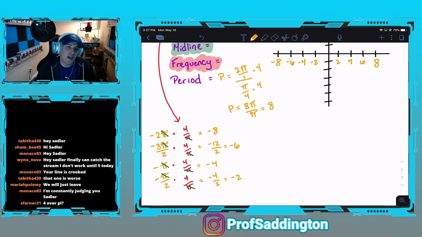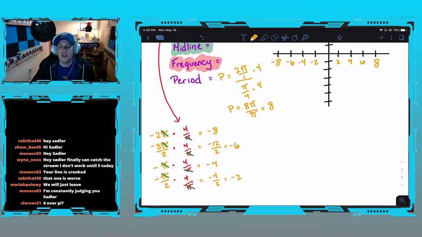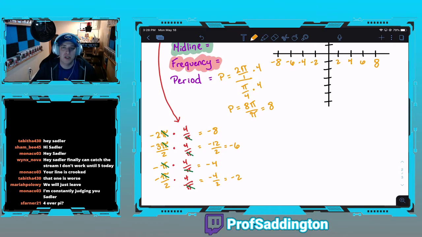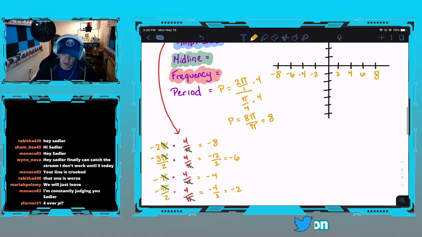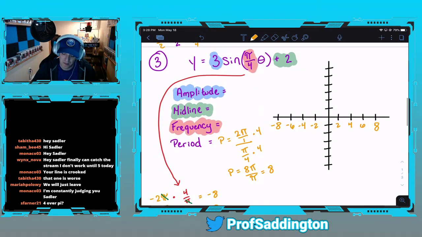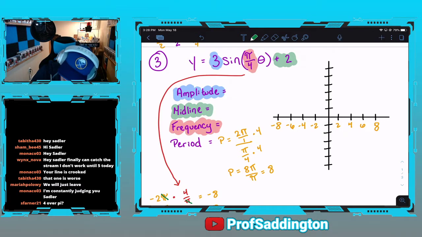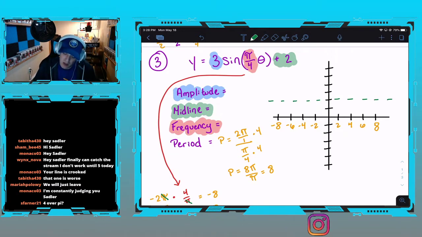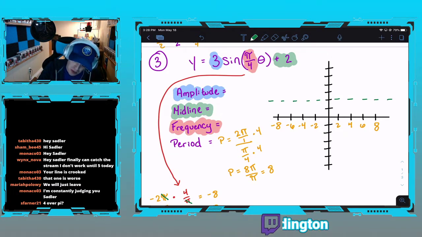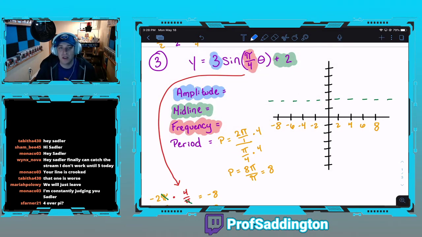So now that we have all of that done, we got our new numbers in, we just have to go back and draw in the amplitude and midline and graph the function. Okay. So midline we said was at +2. We said that the amplitude is 3, so that means we have to go up 3 and we have to go down 3.